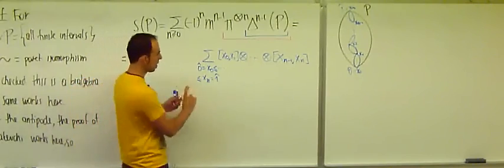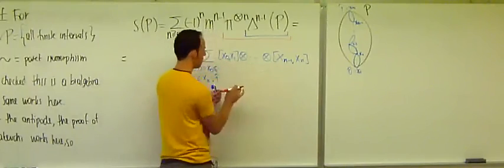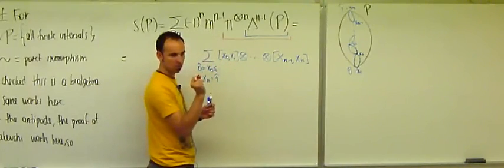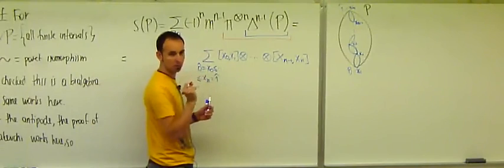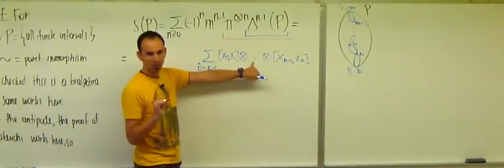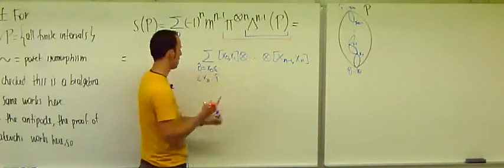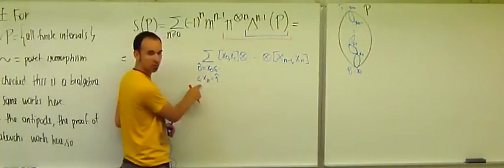It kills off the elements of this form such that one of the factors is a one element interval. If any one of these is a one element interval, then pi kills it, and the things that survive are exactly the ones where all of these are distinct.